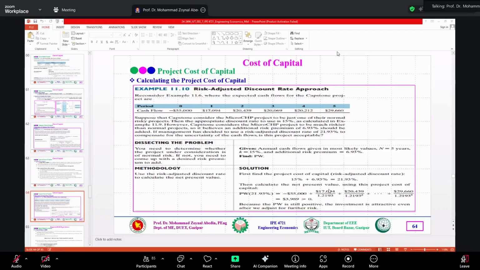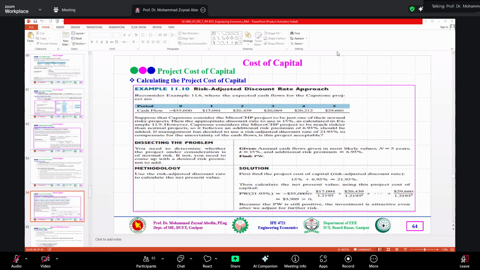And the second one, maybe you have understood, this value divided by 1 plus r, where r is 0.2193, to the power 1, as it is the first year. The second value is 20,493 divided by 1 plus r to the power 2, because it is the second year, plus the third value divided by 1 plus r to the power 3, plus the fourth value divided by 1 plus r to the power 4, plus finally the fifth value 29,660 divided by 1 plus r to the power 5.